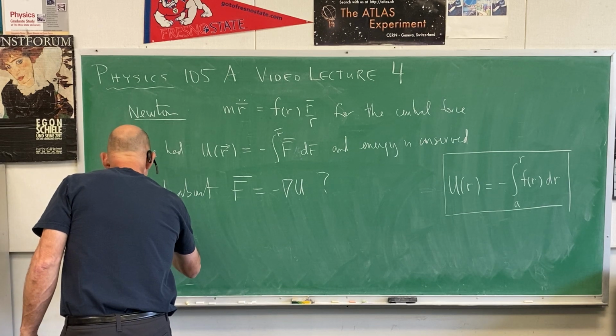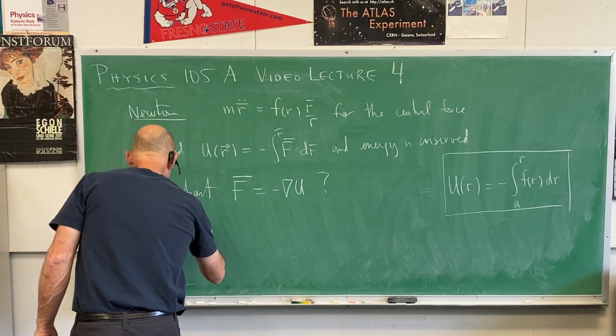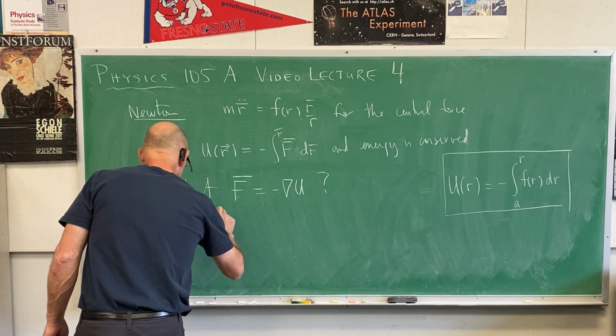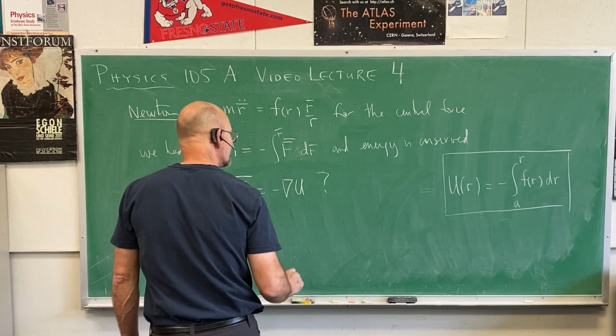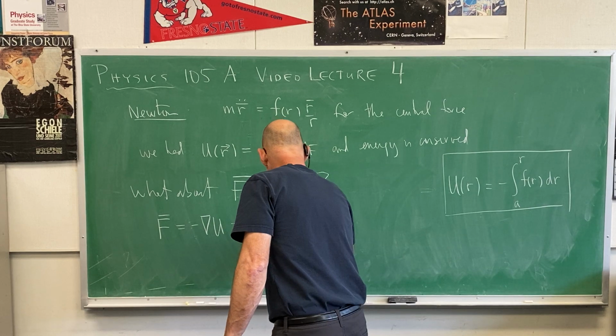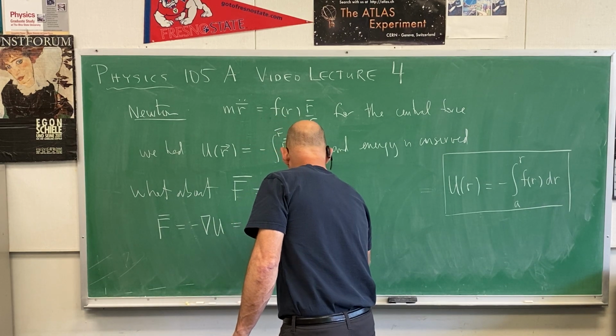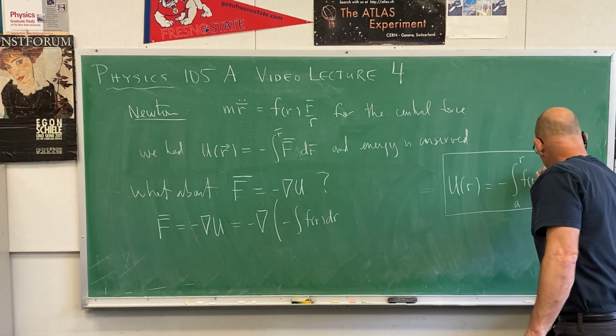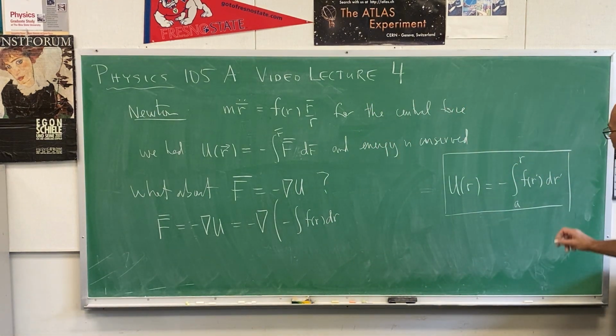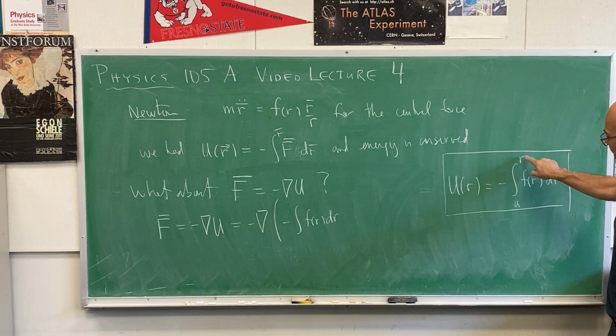Okay. So F equals minus gradient of u equals minus the gradient of this minus integral. And actually, I guess we have to prime those if we're being accurate about it, R prime, dr prime, because there's the argument.